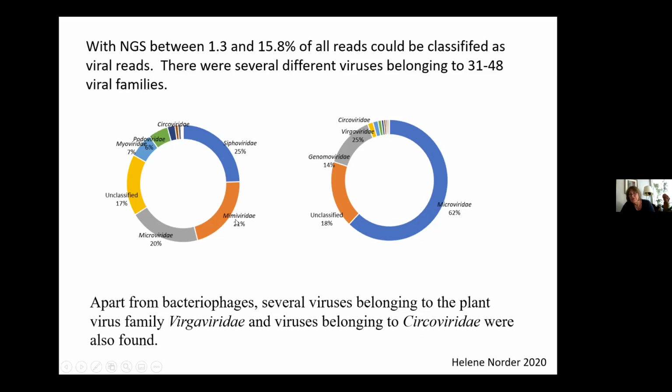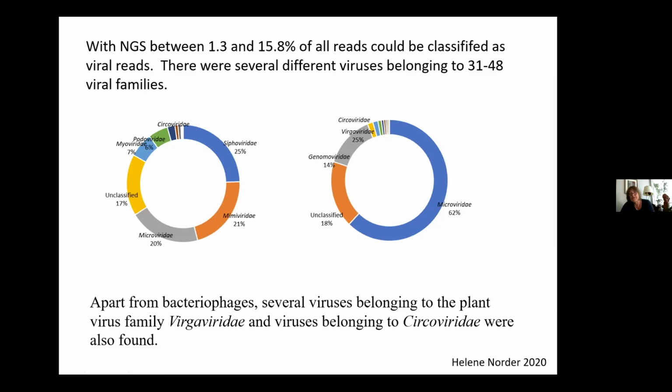There were also the mimiviruses that infect algae and are huge, close to as large as bacteria. So there were a lot of viruses, but we didn't find any others that we could define as human pathogens apart from those that we checked by qPCR.